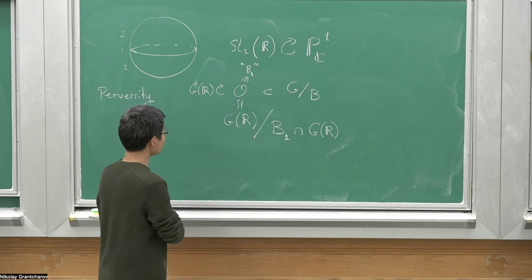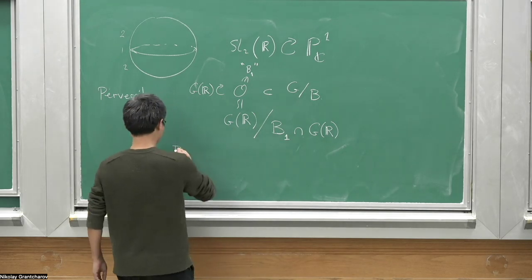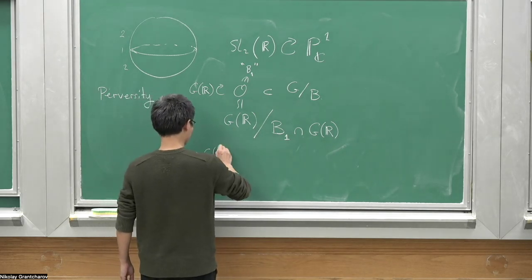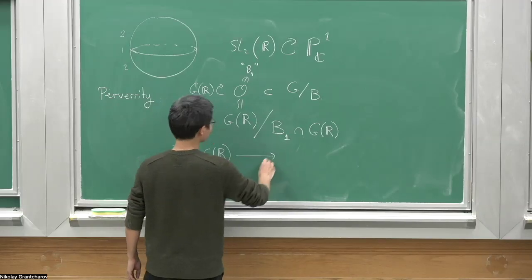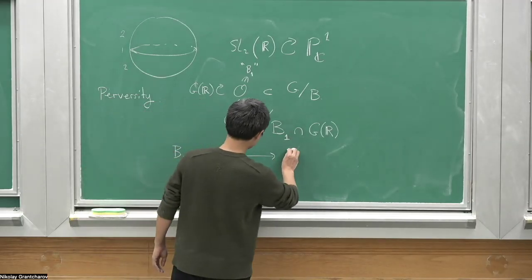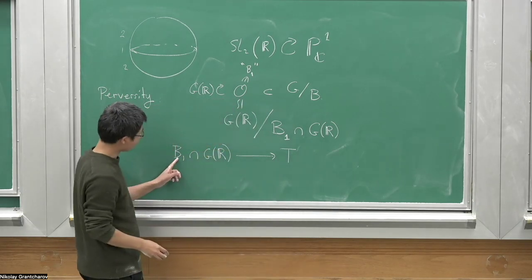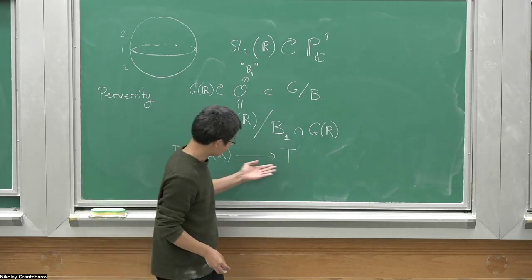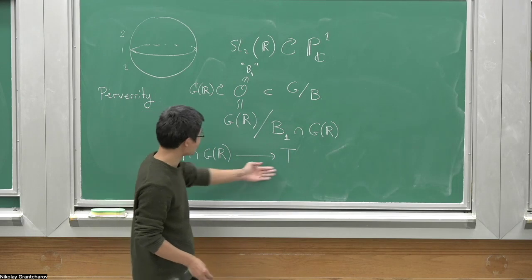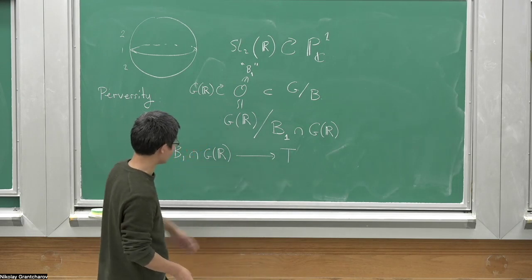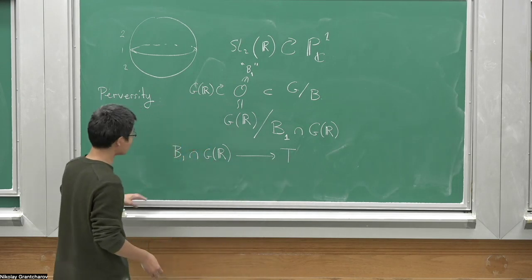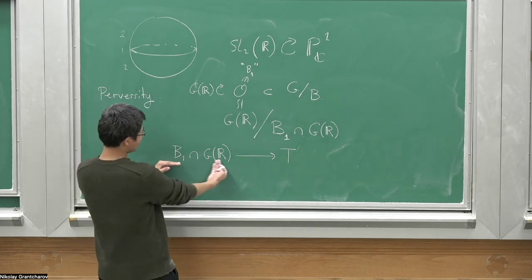The stabilizer is this intersection. So this intersection determines a real form of the Cartan. So if you project to T, every Borel has its reductive quotient canonically identified with the universal Cartan. And this gives a real form.